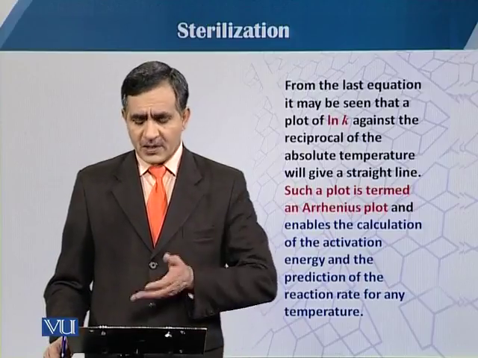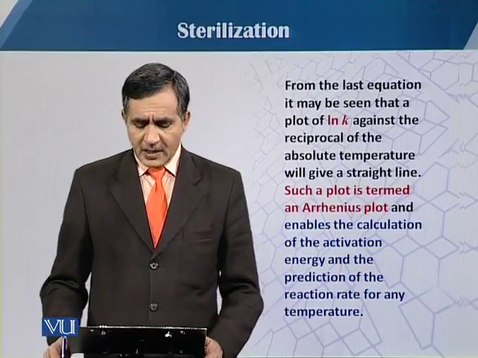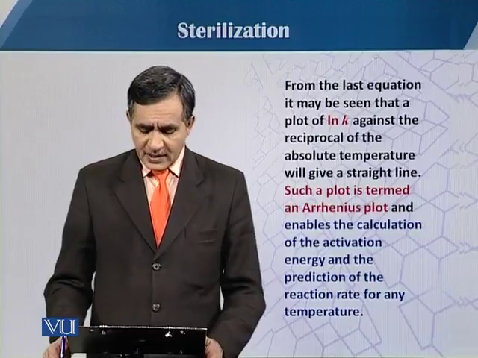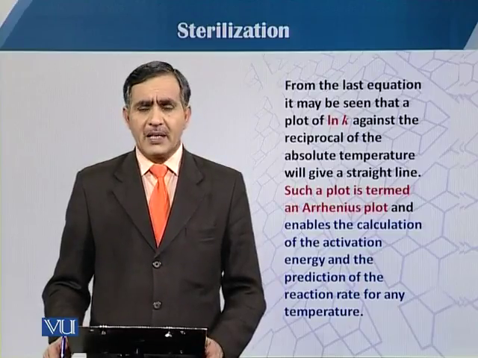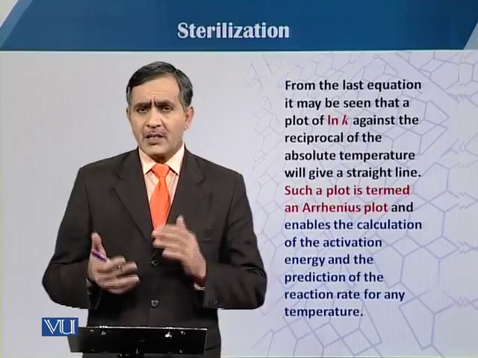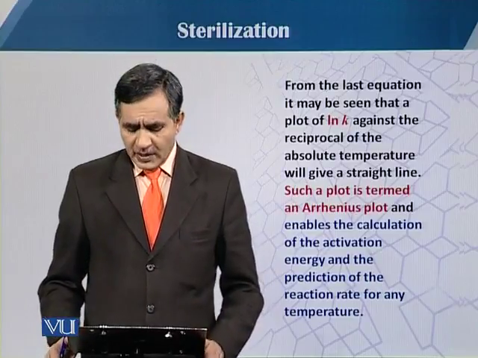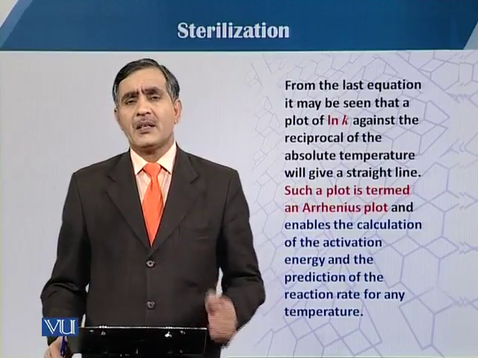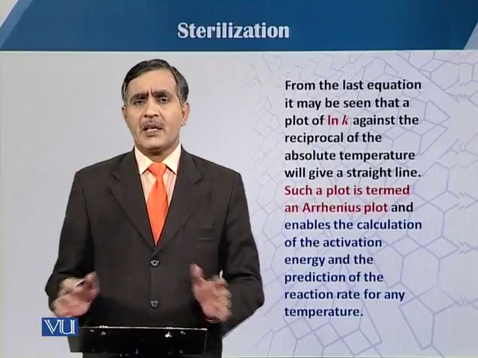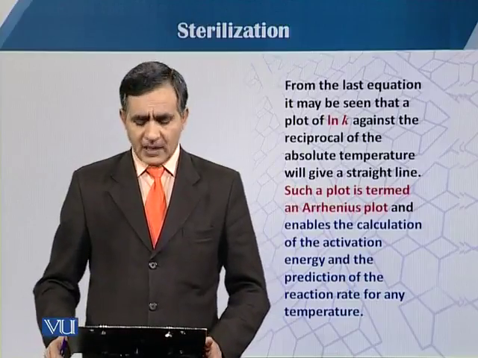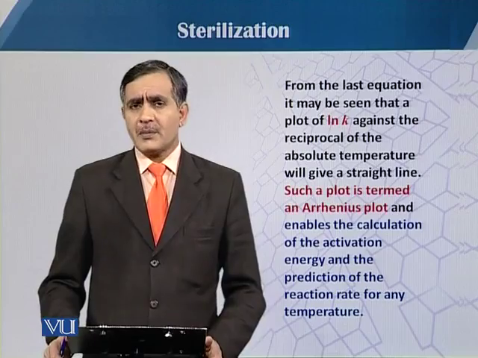By this we have a straight line, which enables us to calculate the activation energy and predict the reaction rate. So by just plotting these two, we can estimate the temperature at which we can achieve suitable sterilization of the fermentation medium.